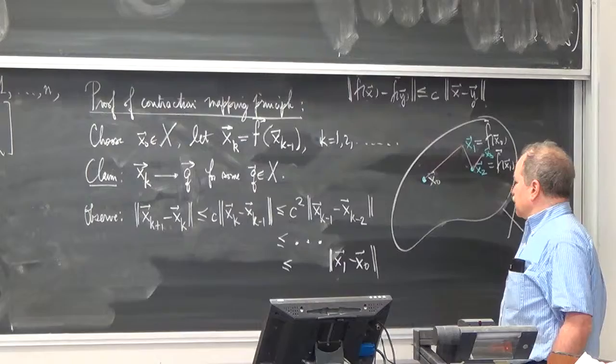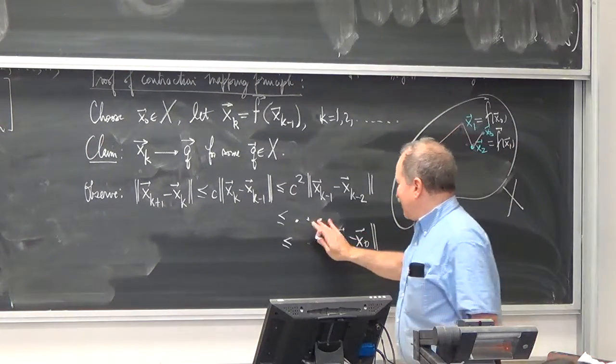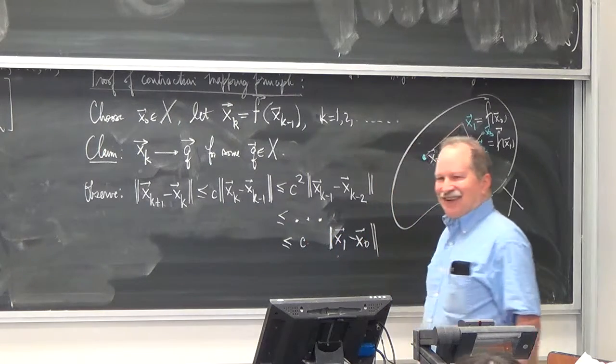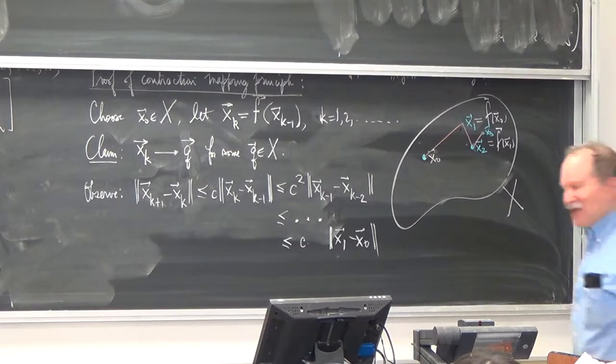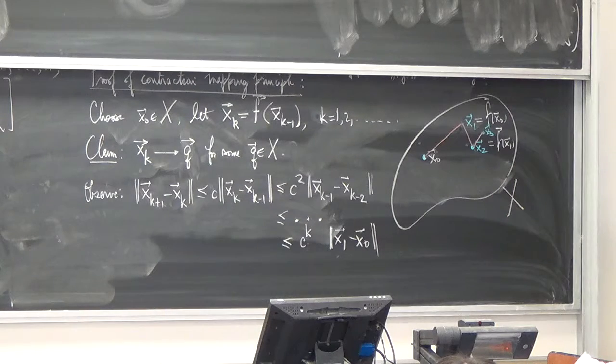Now what power of c do I end up with? It's c to the something. K? I'd say k. It's c to the k.